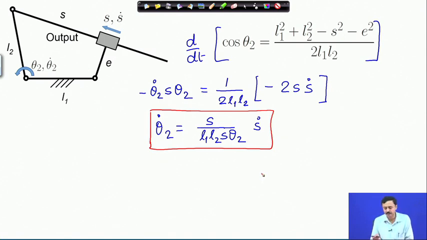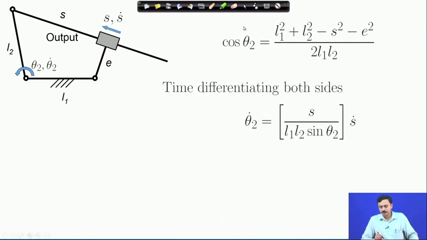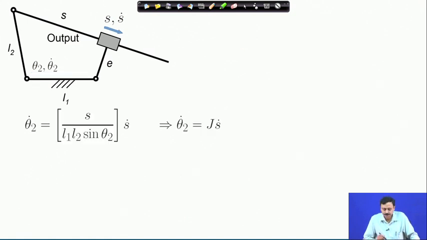and I can invert also, I can express S dot in terms of theta 2 dot. So, let me formalize this. So, we have this expression which we just now derived relating S dot and theta 2 dot. So, here I am defining this as the Jacobian, which is again a scalar.